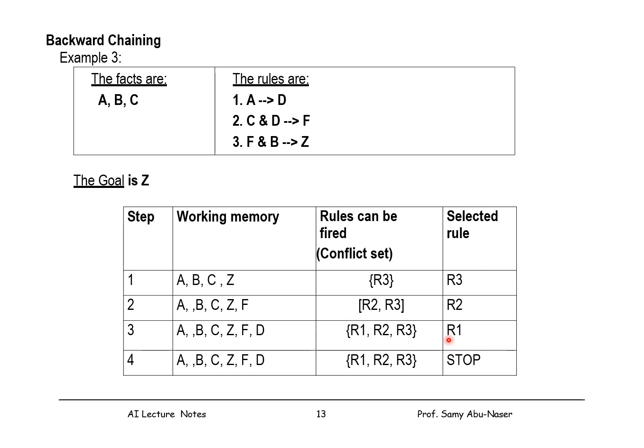Executed, the result is A. A is a fact here. So there is nothing more to be executed, and we stop because we proved Z, meaning we proved Z from result to condition.